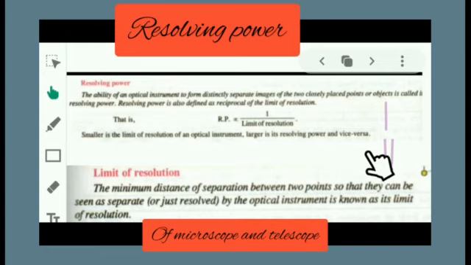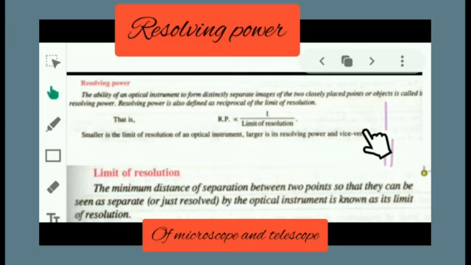So we can say that resolving power is inversely proportional to the limit of resolution. What is the limit of resolution? As I told you, the minimum distance of separation between two points so that they can be seen as separate by the optical instrument is known as the limit of resolution.